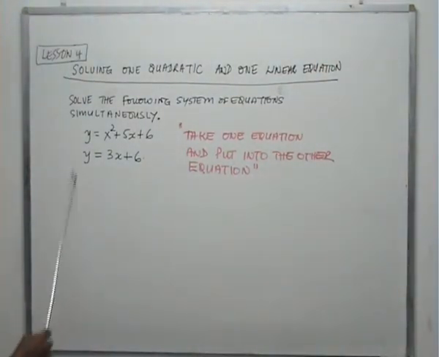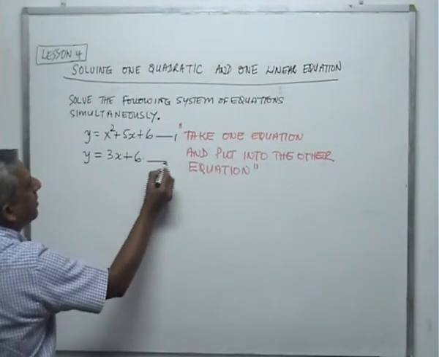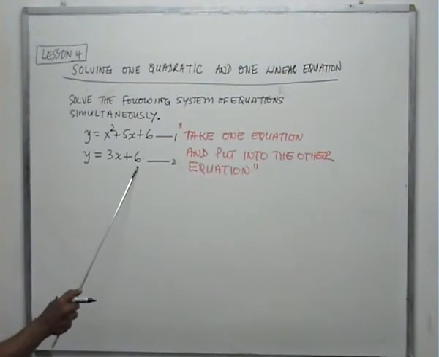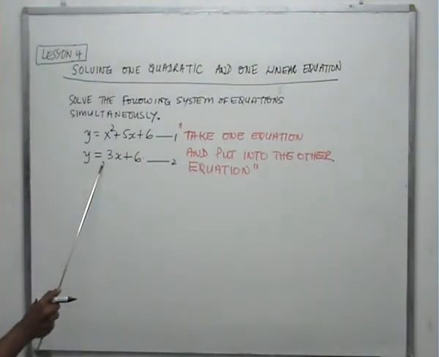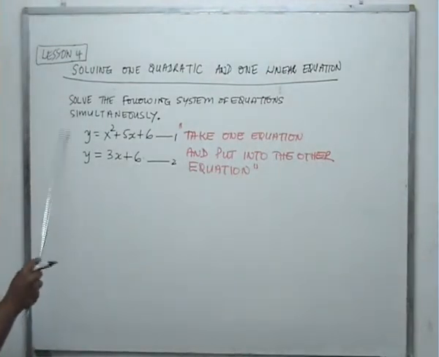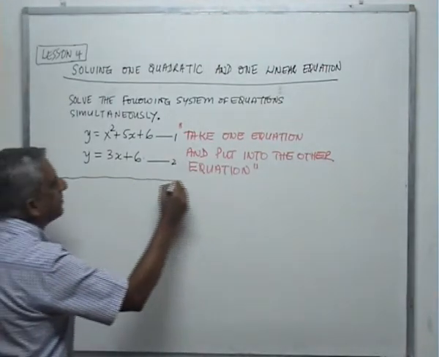So if you study these two carefully, you can see that if I call that equation 1 and if I call this equation 2, you can see that equation 2 is written very nicely and neatly, and you can actually substitute this part into equation 1. So if you have to do it, this is what you'll do.